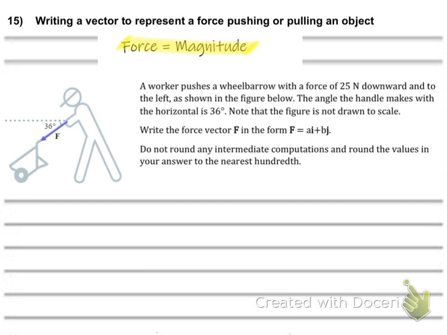So the first thing I want to be sure we see is that right where this guy is holding it is kind of where our axis would be. That means this vector occurs in the third quadrant. So if this guy's in quadrant 3, we know that it's negative, negative.